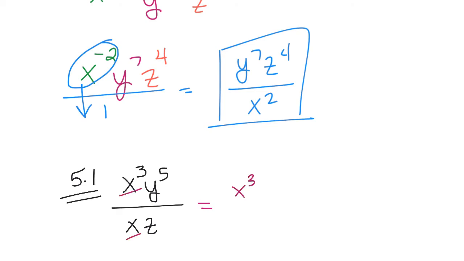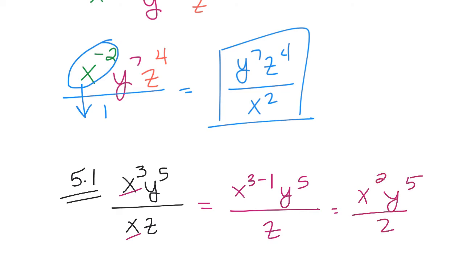So we're going to do 3 minus 1. But then the other two don't have any pairs. So we're going to put the y to the fifth back on the top with the x, and we're going to put the z on the bottom and leave it there. That way when you simplify, y and z had to stay exactly where they were. So if they don't have a pair, keep them wherever they are in the fraction. Top or bottom doesn't matter.